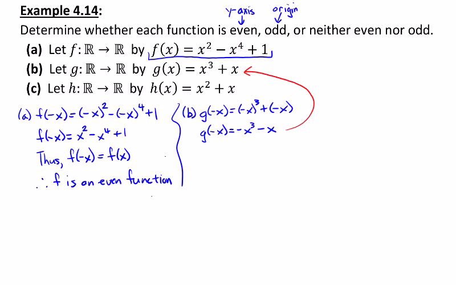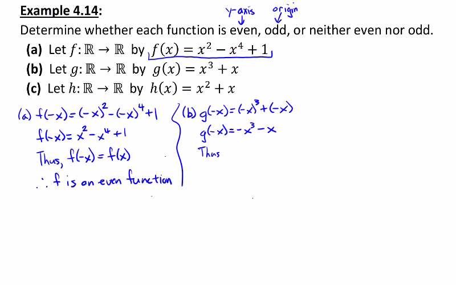And it is. So we can see that this x cubed is positive, but down here it's negative. Here I have plus x, and then here I have a subtraction of x. They're exactly opposite. So when they're exactly the opposite, I can say this.